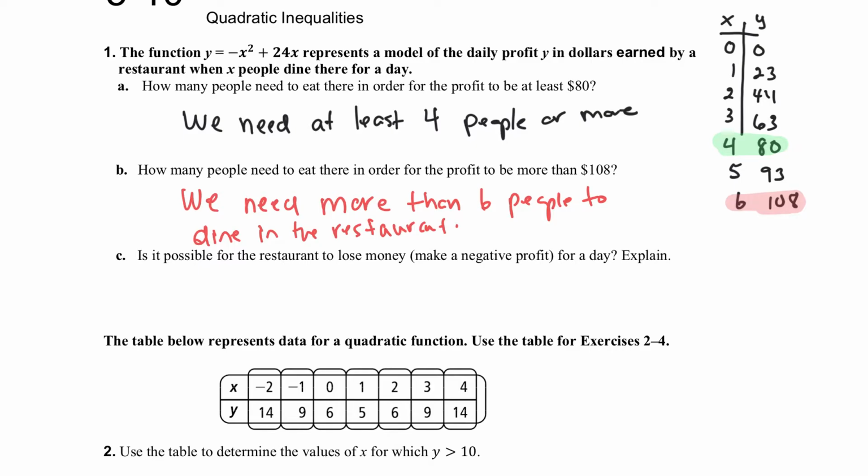The last one, C, is it possible for the restaurant to lose money for a day? And I would say no, because we really can't have negative people attending the restaurant.